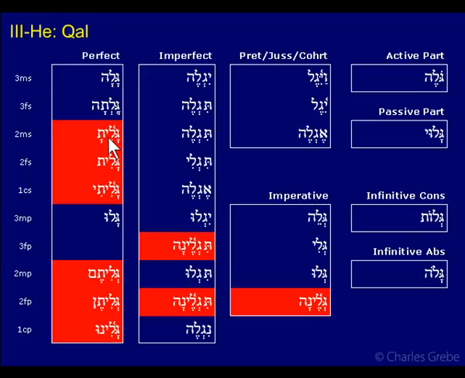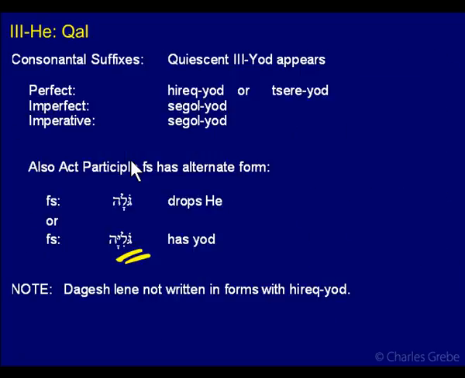But with hidik yud, we don't have it because hidik yud is a vowel, and any vowel is going to chase the dagesh lene away, even the smallest of vowels. Remember that? Even vocalic shava, if that precedes a dagesh lene, the dagesh lene takes off. So it's not surprising. It's just a reminder that that's what happens.